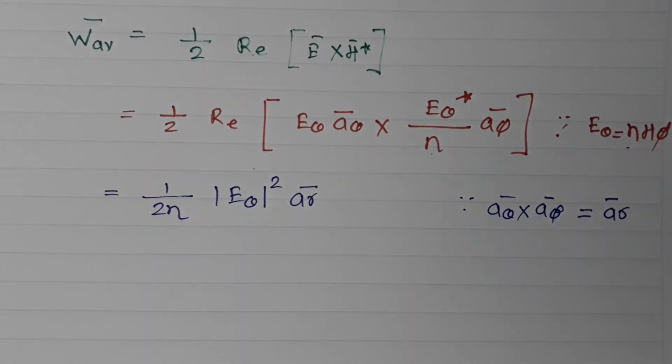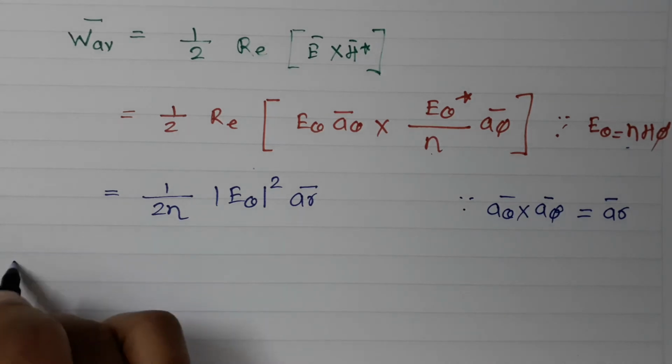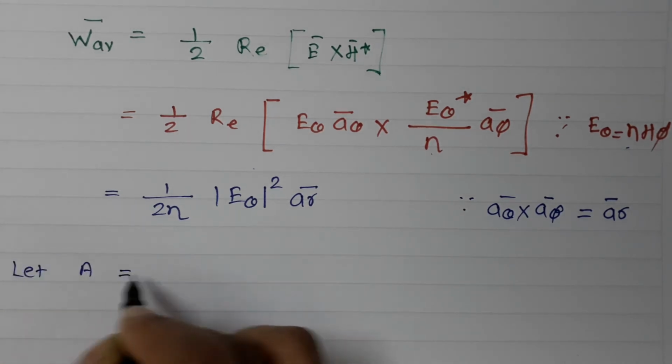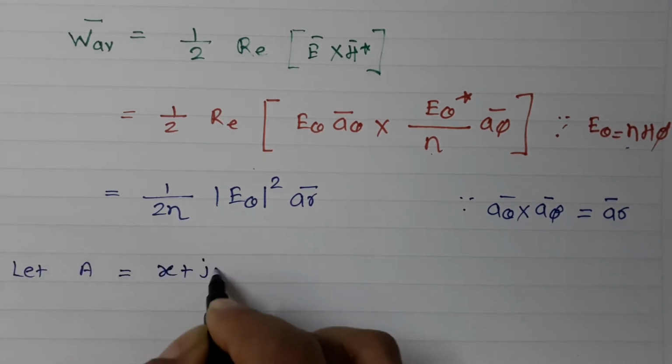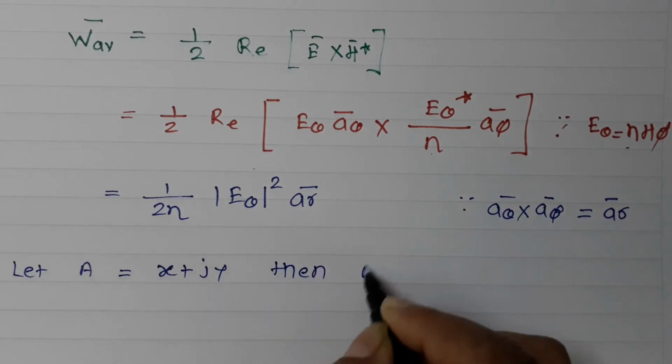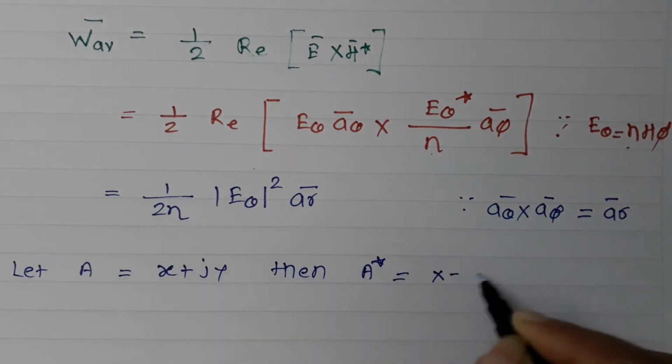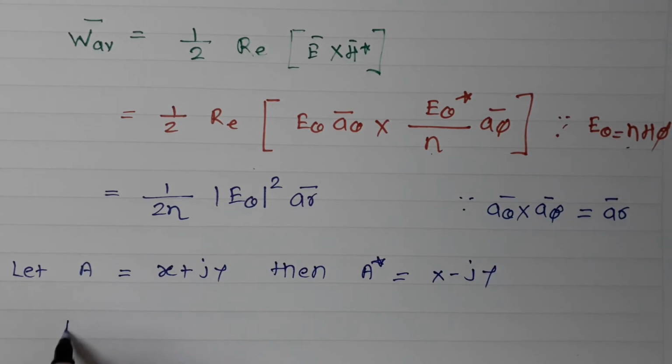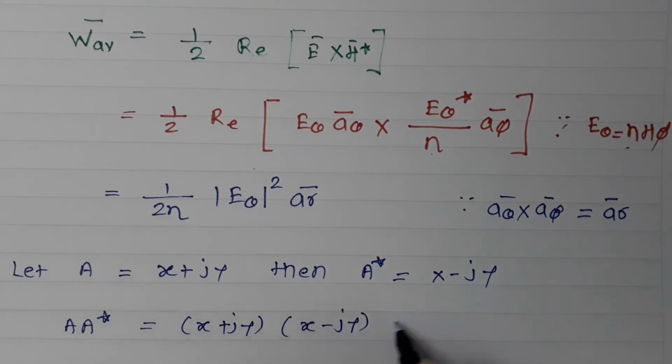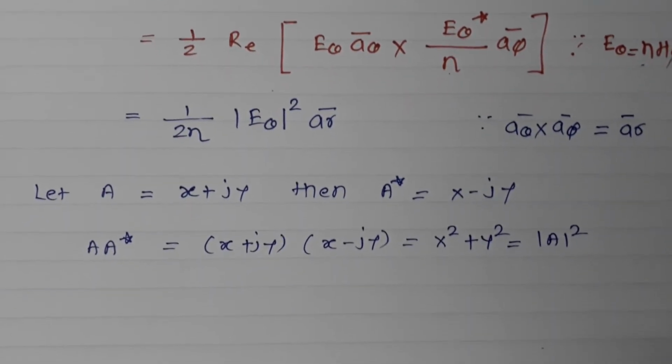Now the mathematical operation in the step above: let A be equal to x plus jy, then A complex conjugate will be x minus jy. So A into A conjugate will be x plus jy times x minus jy, which is x square plus y square, which is nothing but the magnitude A square. Let us put all these things in the equation.